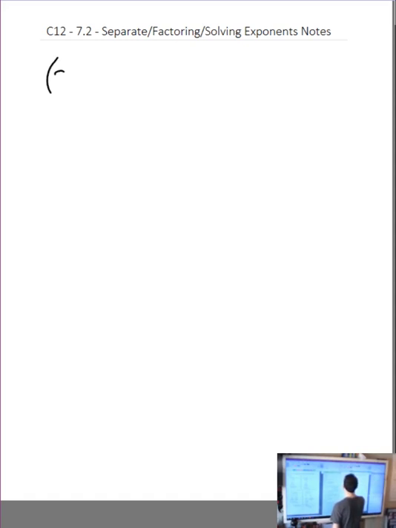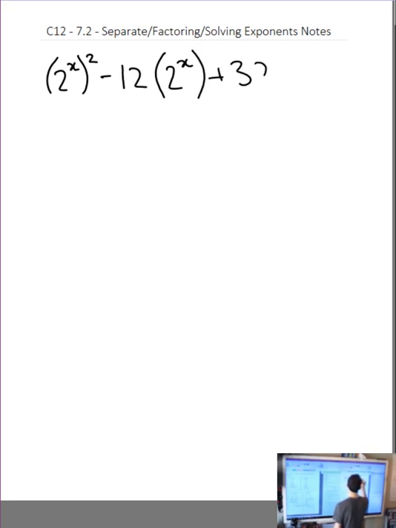So I have 2 to the x squared minus 12 times 2 to the x plus 32 equals 0. Now, if these questions have a squared, we're probably going to want it equal to 0 because it's a quadratic.